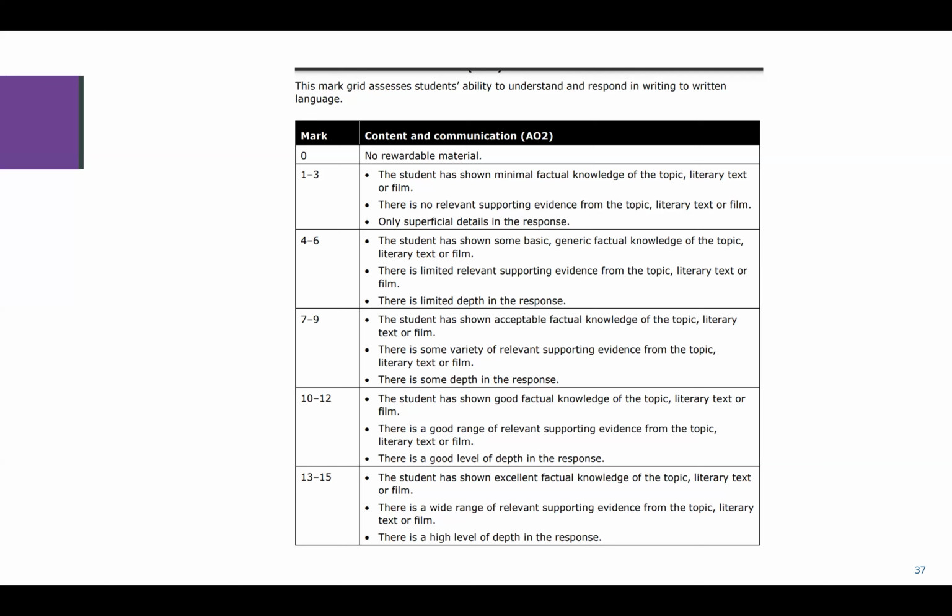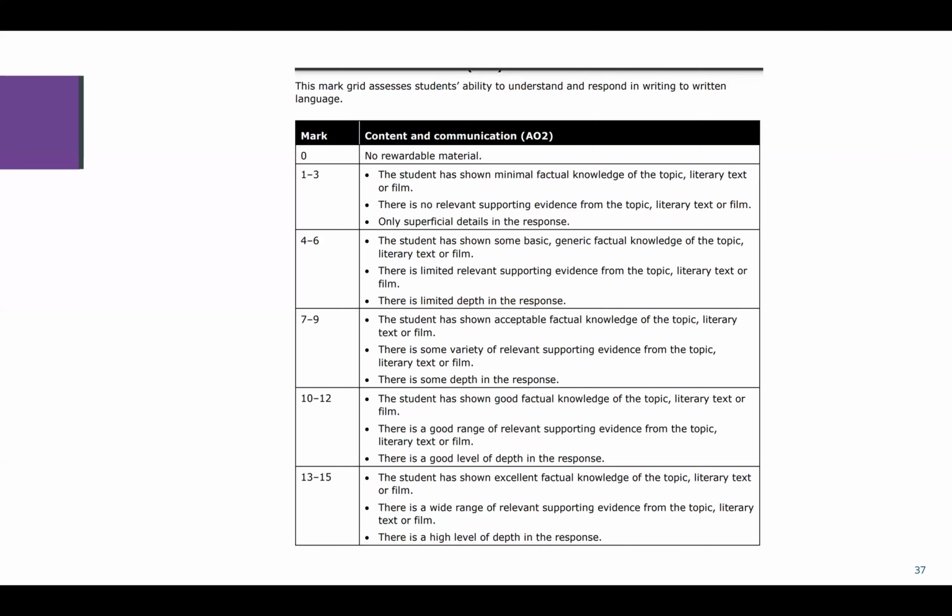Sometimes we get asked about quotes, and well, there isn't any hard and fast rule. Certainly, a quote is a way of substantiating your statement, but a lot of students never write a quote. They just use the information from the text or the film or whatever to do that, and it gives you some depth as well. Because you've got a limited word count, of course, it's better to choose fewer points and do them in more detail.